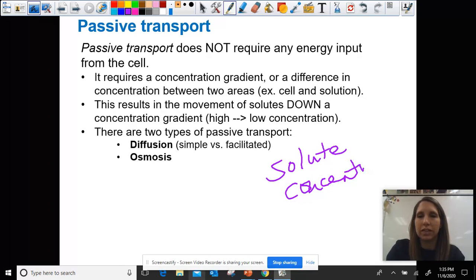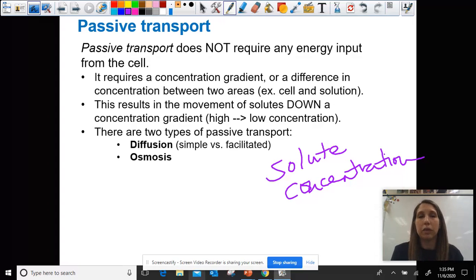In other words, the amount of solutes dissolved in a solution of some sort. Usually in a cell, a solute looks like either sugars, salt, or sodium or chloride ions. It could be proteins and lipids and other things, but these are the molecules floating around in our cells that can change in concentration based on what's happening across the cell membrane.